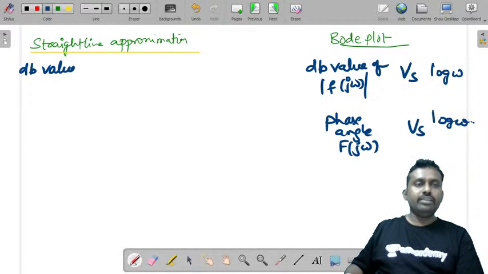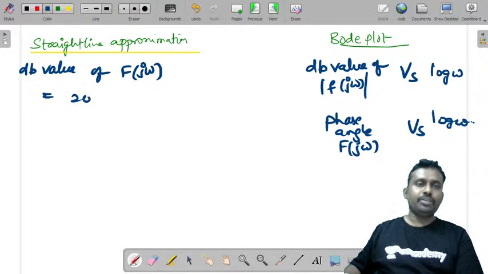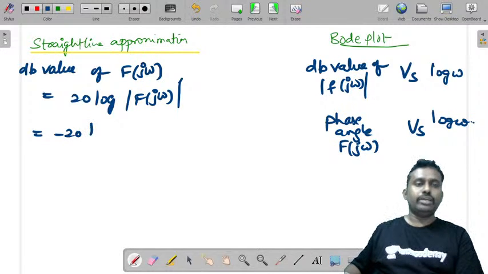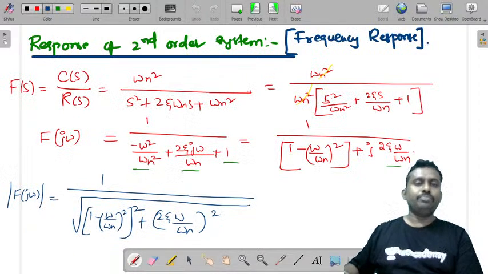The dB value of F of j omega is 20 log mod of F of j omega, which is minus 20 log of the term.